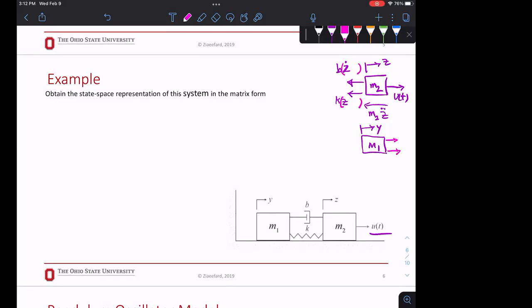So this will be B, z dot minus y dot, and K, z minus y. Then it is just the same force in the opposite direction, B z dot minus y dot and K z minus y. If you forgot to count for the other mass, the easy way is just what I did: oh, I forgot to count for the other mass's effect, and you just add it. So now this is the free body diagram.